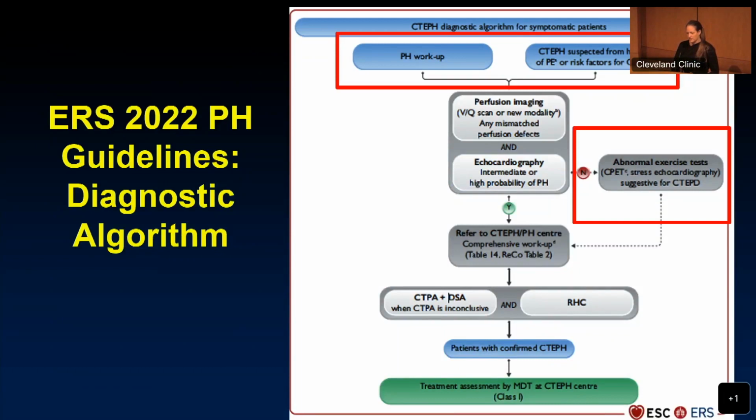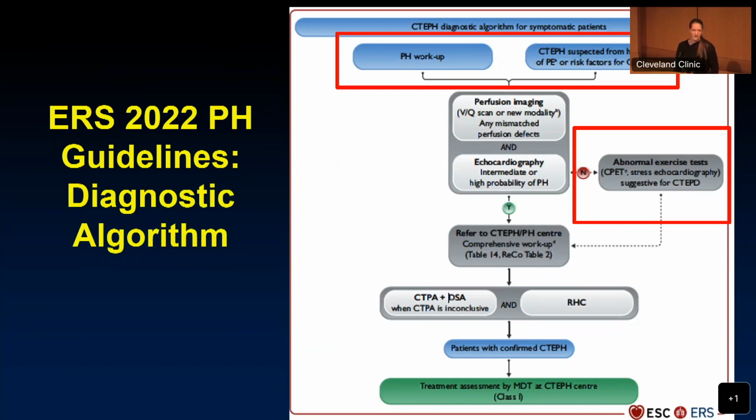The other thing that I'll mention in the guidelines, because it's newer this year, is that there's an emphasis from the European group on if somebody has abnormal perfusion but a normal echo and they're still having symptoms, that it is reasonable and a good idea to pursue more advanced physiologic testing with exercise testing. They advocate for CPETs.